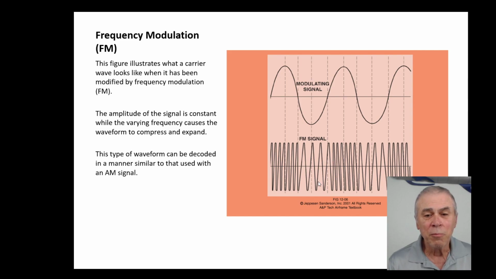If it had little beeps or signals, kind of like Morse code. How fast is it going? So basically it speeds up and down, and it can be decoded in a manner similar to the AM waves.